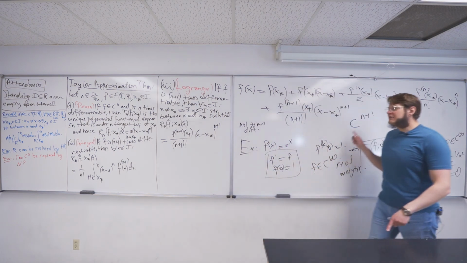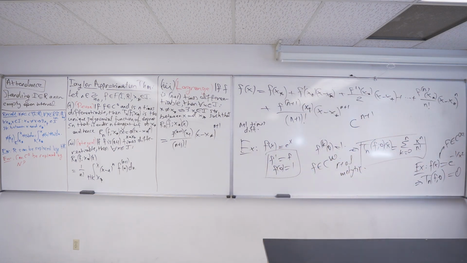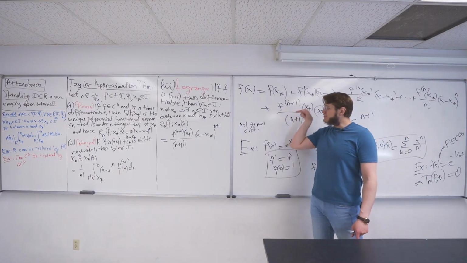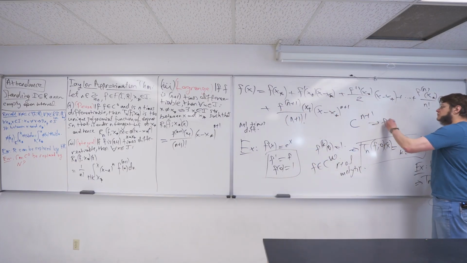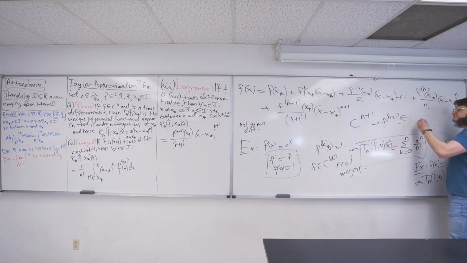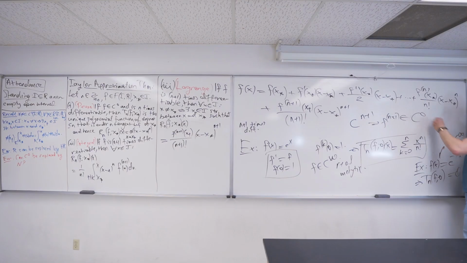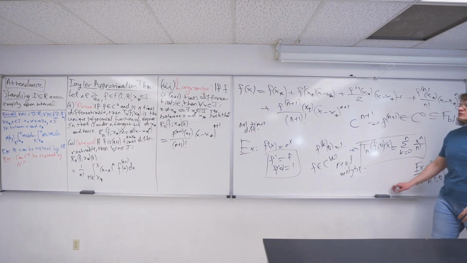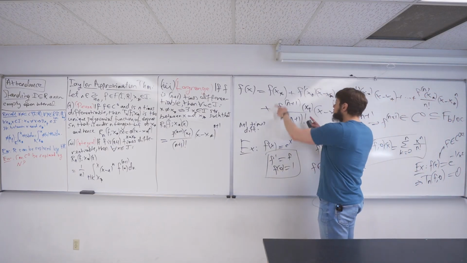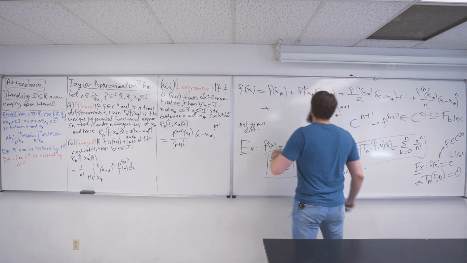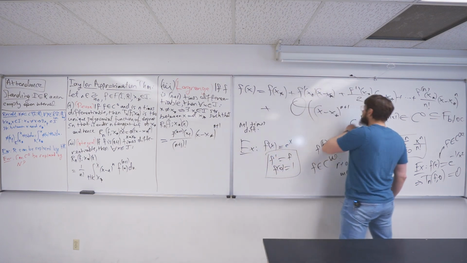Then what you can say is that since, in this case, the n plus first derivative is continuous, and since we know continuous implies locally bounded, you can get rid of this x dagger. You would just say plus big O of this.